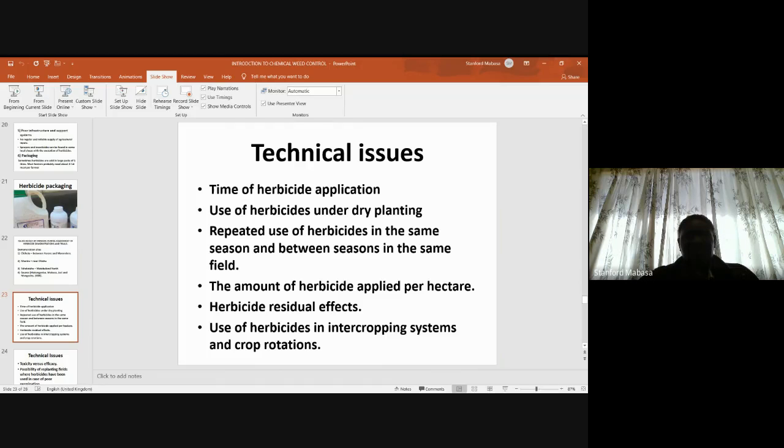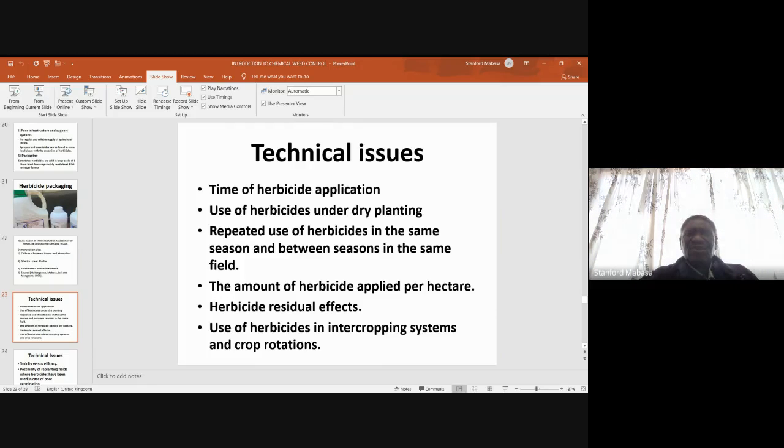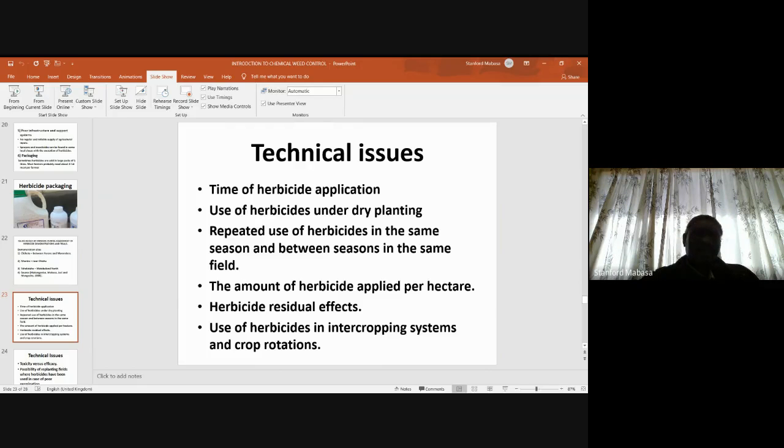And the effect of dry conditions. Some farmers were doing dry planting. They were not sure whether they could also put herbicides or not. If herbicides fail to control weeds, can they repeat using herbicides? Suppose they have used a pre-emergent herbicide. Of course, if they use another pre-emergent herbicide, it could cause a lot of problems.